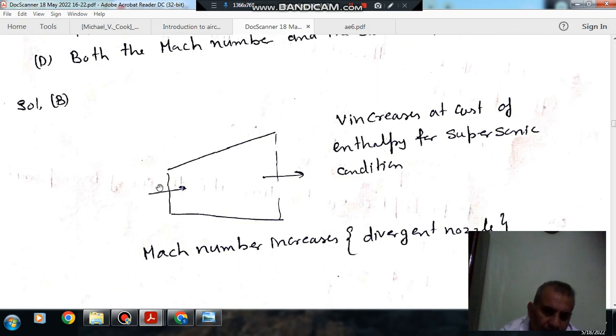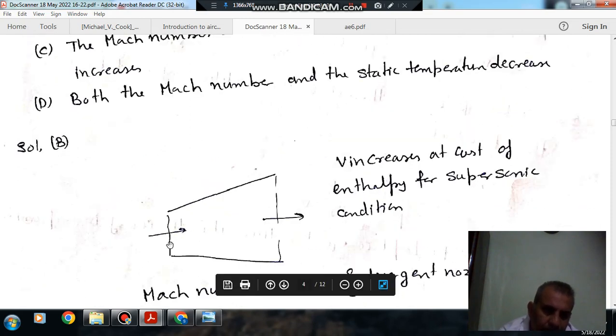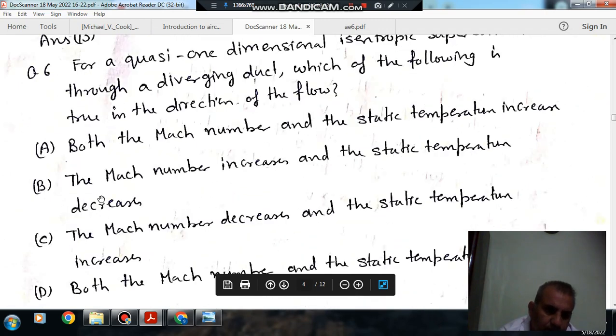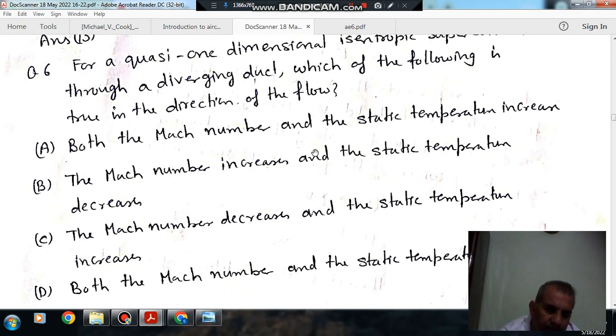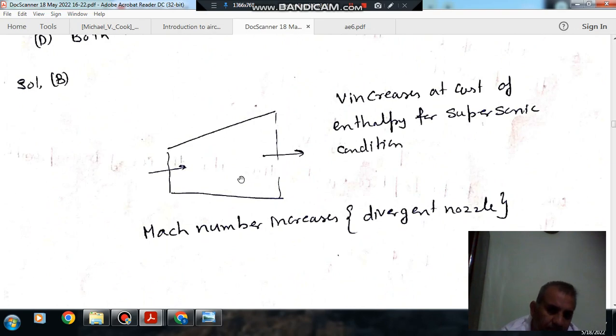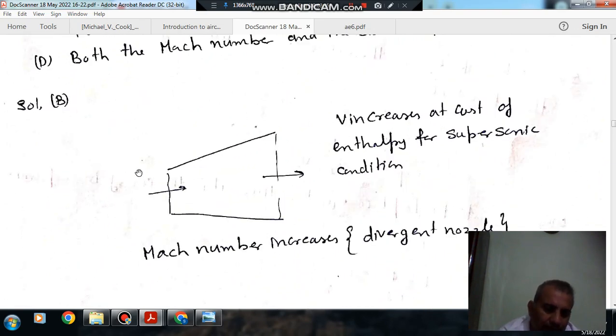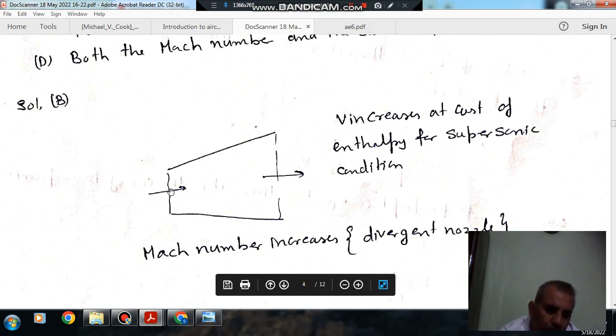Because this is a diverging passage, and flow at inlet is supersonic, answer is B. The Mach number will increase and static temperature will decrease. If it is a converging duct, then the velocity, or the Mach number, will decrease. But it is a diverging duct with supersonic flow at inlet, so answer is your B.